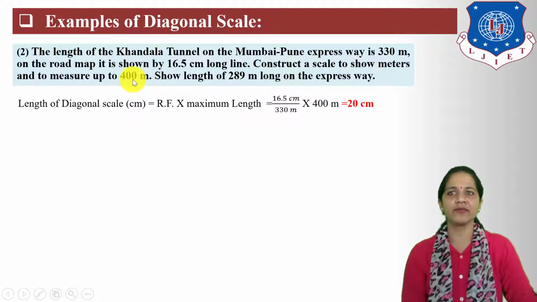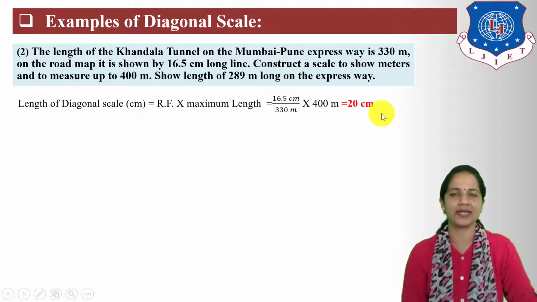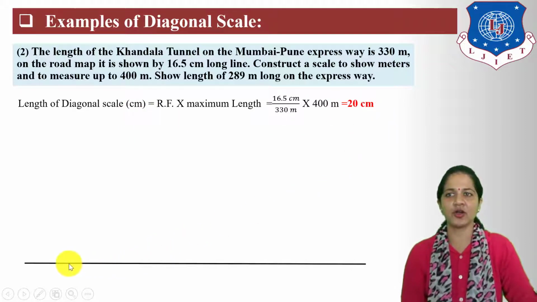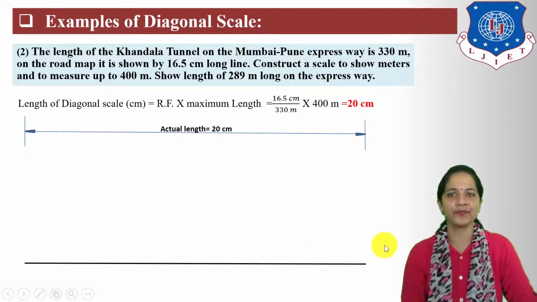Maximum length is given 400 meter. So length of the diagonal scale is equal to 20 centimeter. First draw 20 centimeter line, which indicates maximum 400 meter distance.